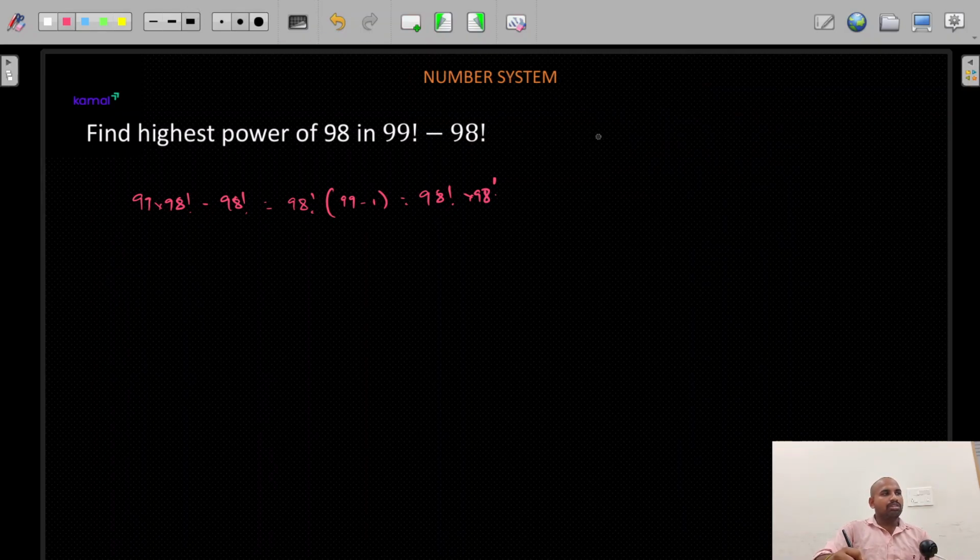So first I need to factorize 98 to find the highest power of 98 in 98 factorial. 98 is nothing but 49 into 2, which is 7 square into 2. So now I need to find the highest power of 7 square in 98 factorial and the highest power of 2 in 98 factorial.